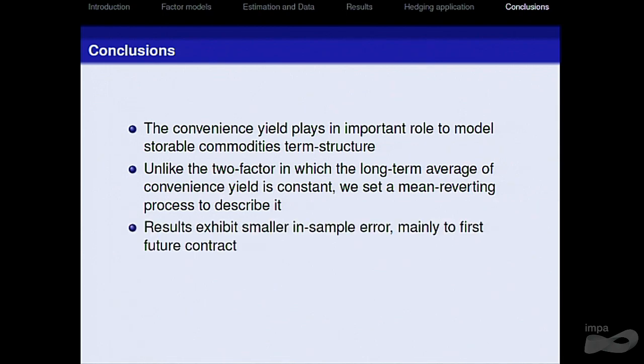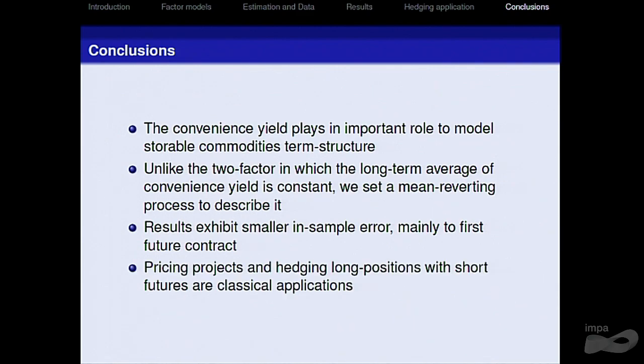So these results exhibit a smaller in-sample error, mainly in the near maturity of the contracts. And these have implications for pricing and for hedging long positions with short maturity contracts. So that's all.